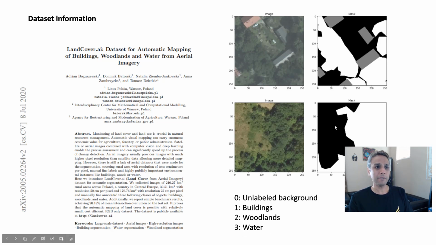Now, when you look at these images, like here, this image only has 2 regions. One is unlabeled, the other one is woodlands. Woodlands has a pixel value of 2. These are pixel values, by the way. Pixel value 0 is unlabeled, then 1, 2, and 3. If you only have 2 classes, when you plot it using Matplotlib, you are going to see black and white.